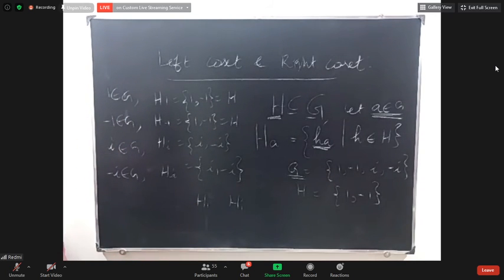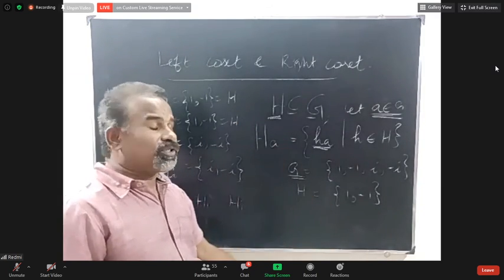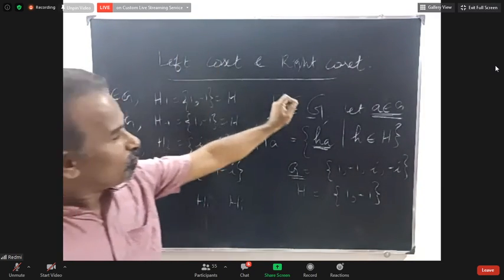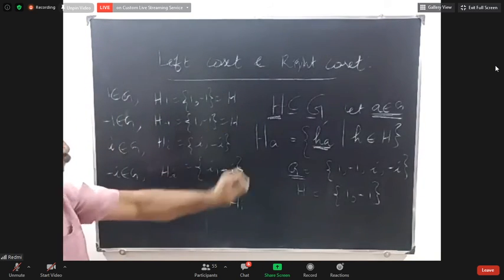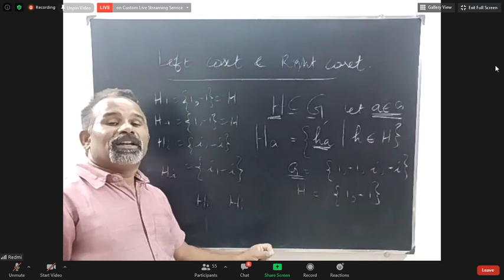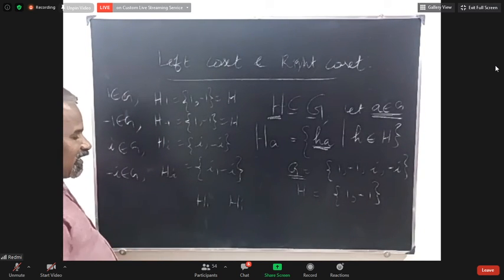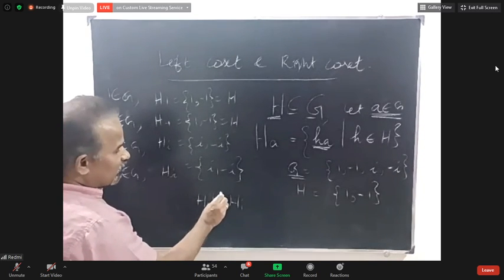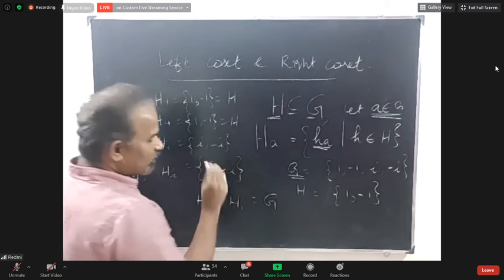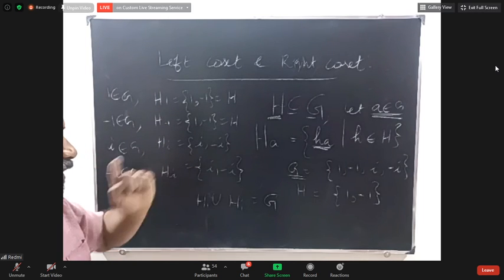So I can say that any two right cosets of a subgroup are either identical or distinct. That is most important. Now, the intersection is empty, and the union H1 and Hi is equal to G.